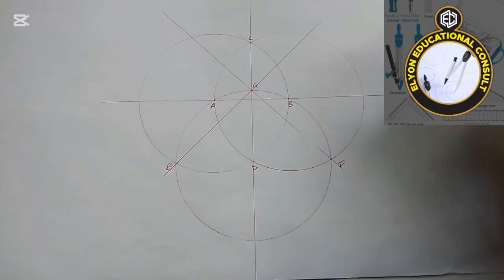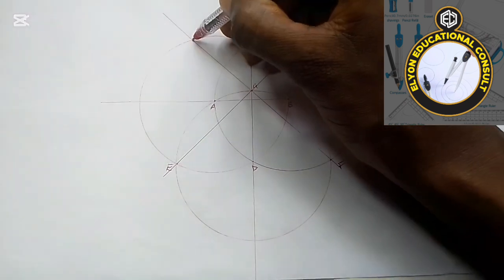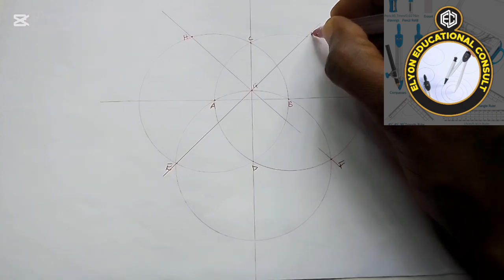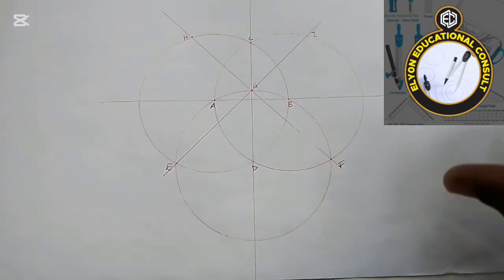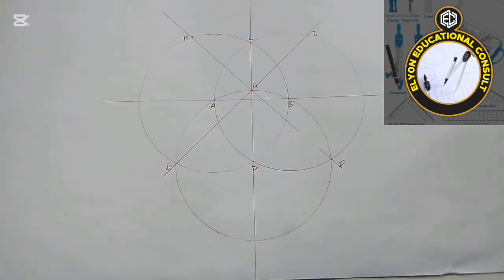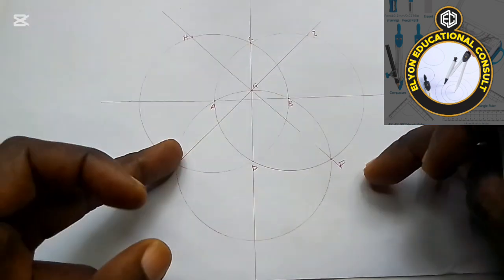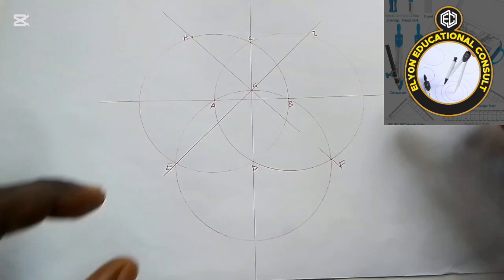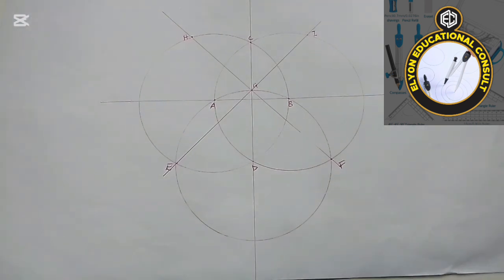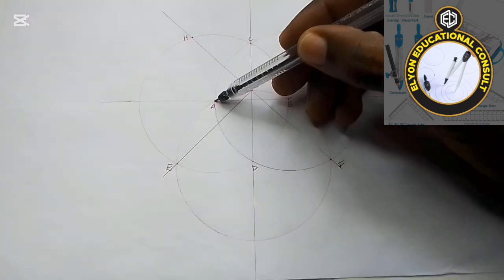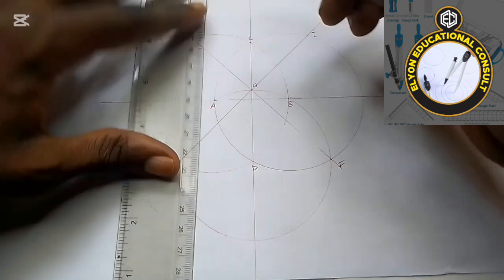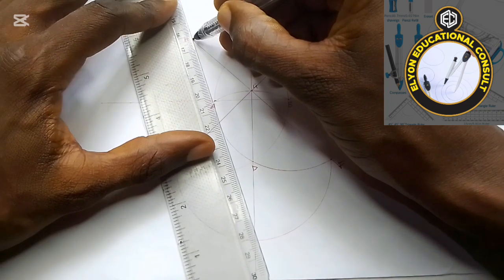I will call this point H. Then I call this point I. You can actually label it with any alphabet of your choice. It's not compulsory you follow mine, but just for identification sake, that's why I'm doing this. Now if we connect these two points together, I'll be having the second side of the pentagon.